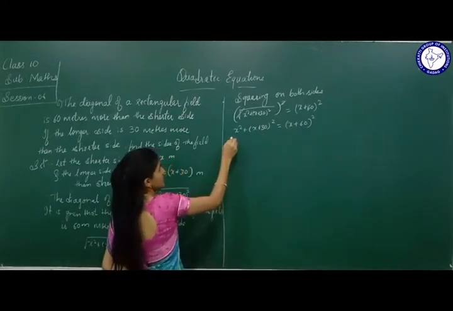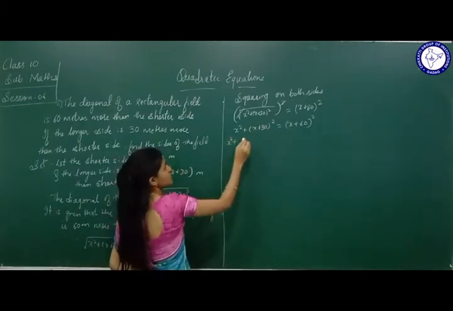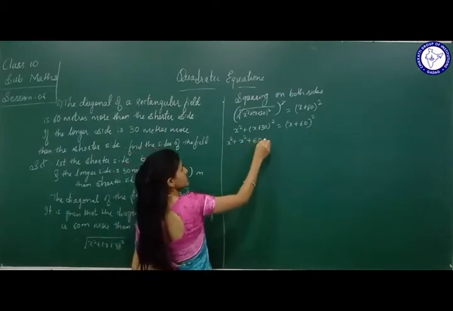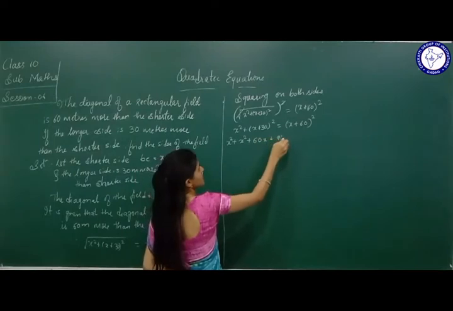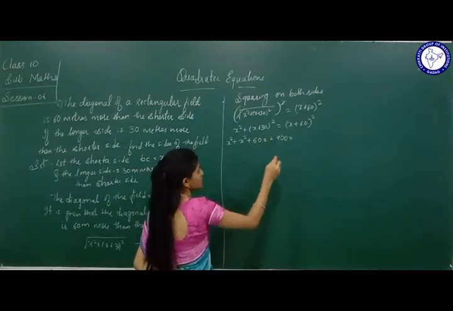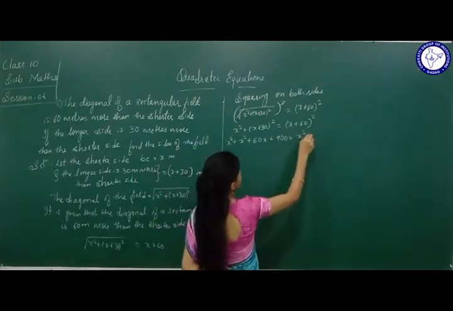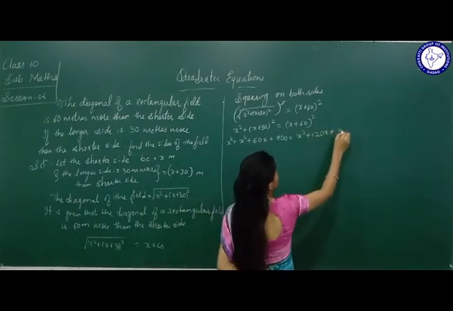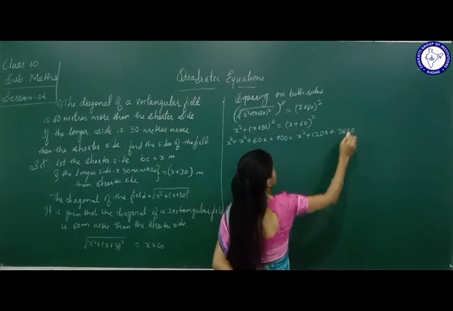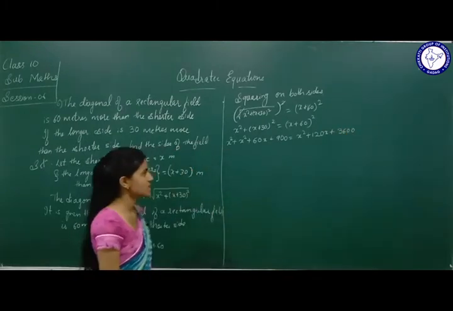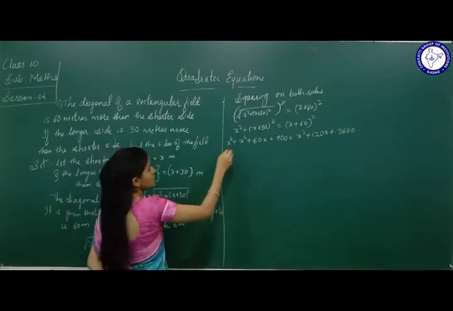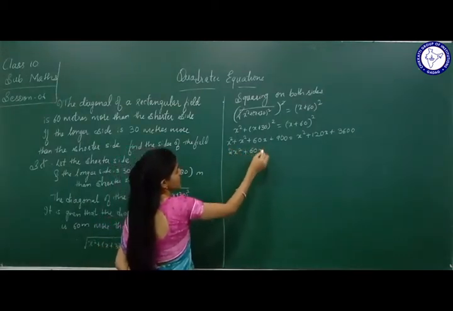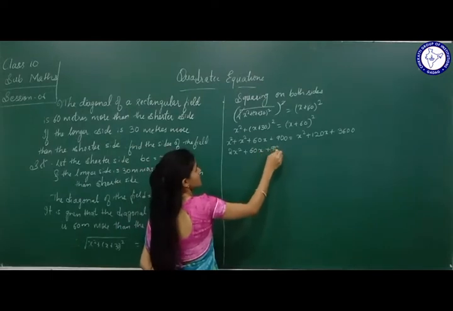Now how are we going to write this? Using a plus b whole square: x square plus 60x plus 900 will be equal to x square plus 120x plus 3600. Now we have 2x square plus 60x plus 900.